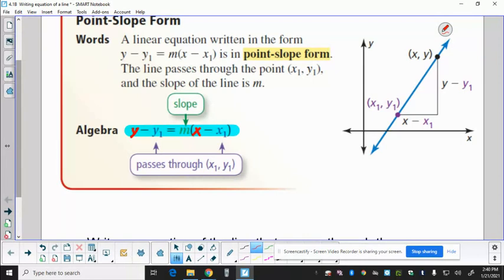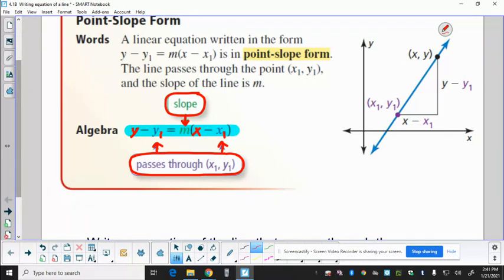And then you can see what's highlighted here. See the slope? You're going to put your slope that you're given right there. And then you will also be given a point that exists on the line. So the x value of that point will go there and the y value will go there. See these little subscripts? That denotes that you have a point that goes in there, an ordered pair.